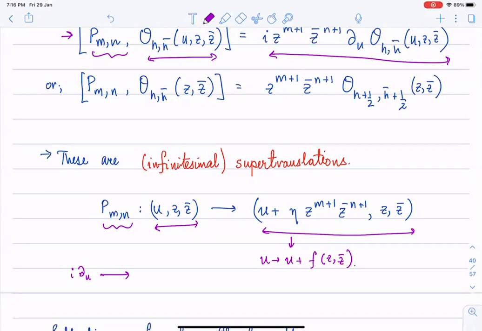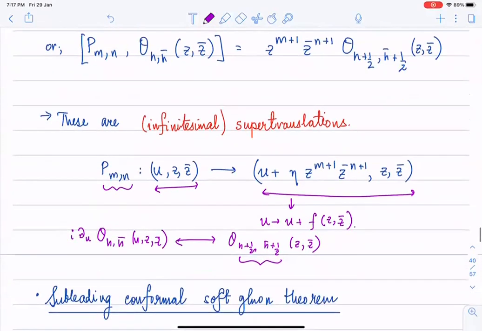So let's write this as follows: an object of this form in the modified Mellin basis is equivalent, in the standard Mellin basis, to an object of this form, h plus half, h bar plus half, z, z bar. Now the statement is that whenever you see a shift of conformal dimensions of this form, that shift is due to time translations.